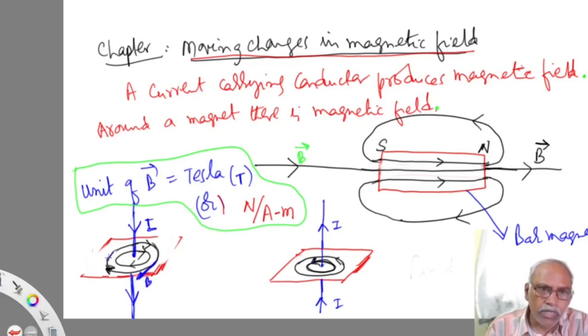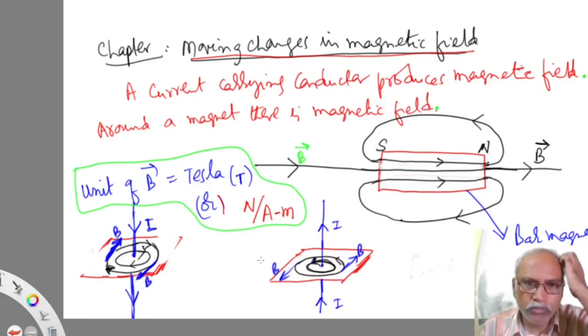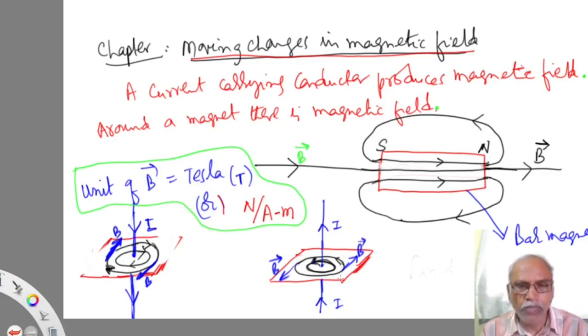And here, if you draw a tangent to the circle, that tangent will give the direction of magnetic field. Here the direction of magnetic field is along this side. Here it is along this side. And how do you get the direction of magnetic field? The direction of magnetic field is along the tangent drawn to the magnetic line at that point.